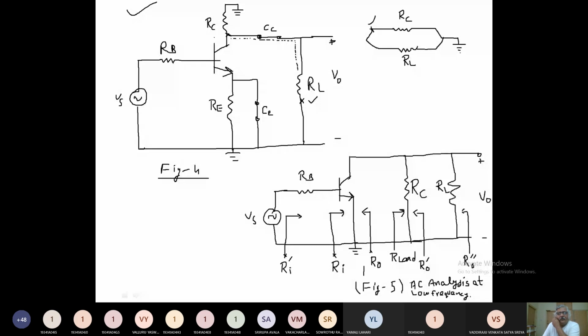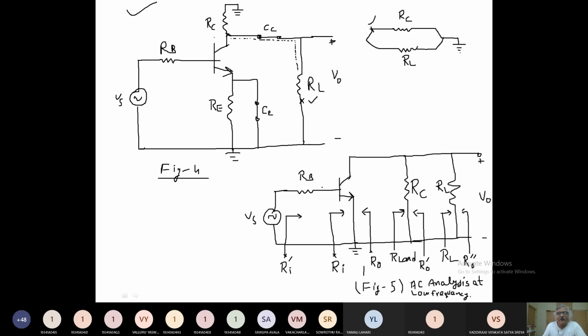But if I stand here and see the load, then what will I see? I will see only RL. So the thing is, where you are standing and how you are looking at the circuit, that is important here.